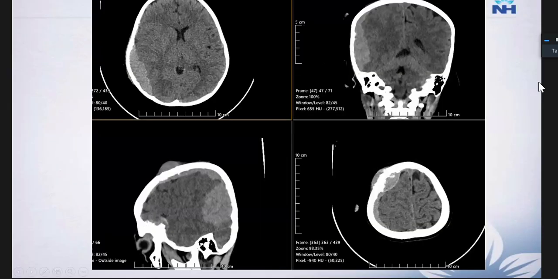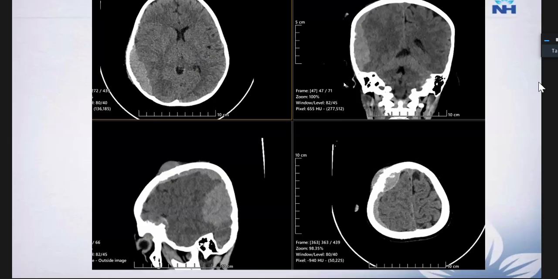So, are you happy with what was mentioned outside, a subdural hemorrhage on the right side or an epidural hemorrhage on the right side, or do you have different thoughts? Okay, most of you have said that this is not looking like hemorrhage.